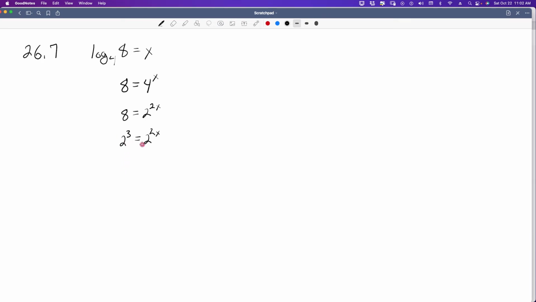2 to the 2x. So now that your bases are equal, remember those equations where we would get the denominators to be the same? So like if we had 3/2 plus 3x/2 equals 7/2, we could just multiply everything by 2 and it would eliminate all the denominators, and then that would leave us with 3 plus 3x equals 7.